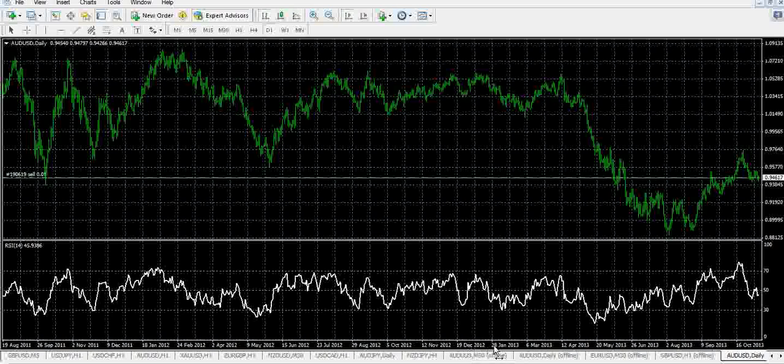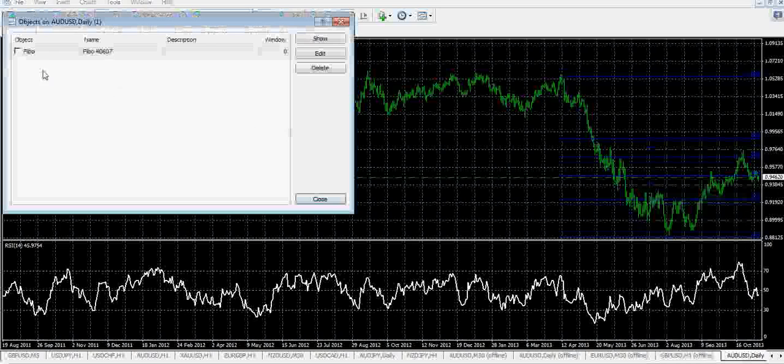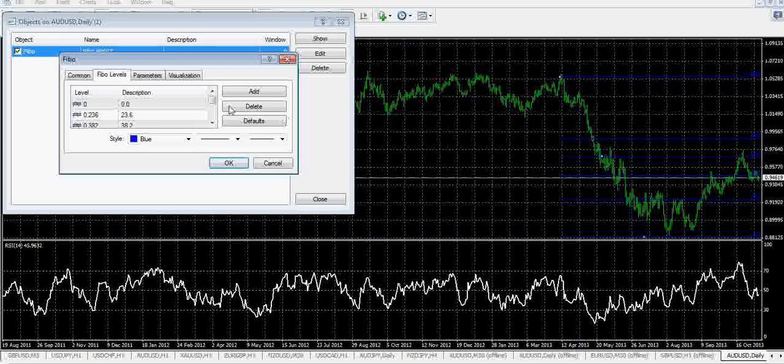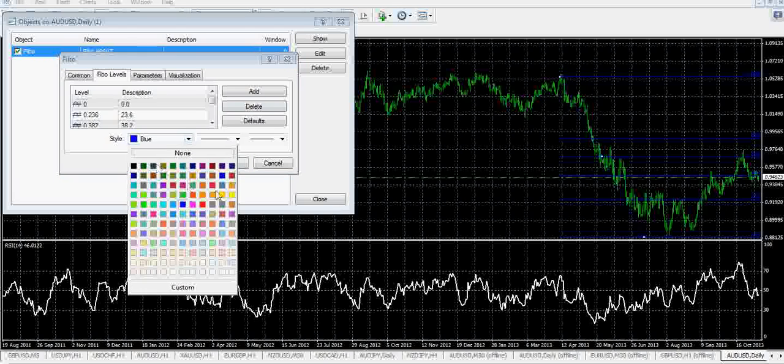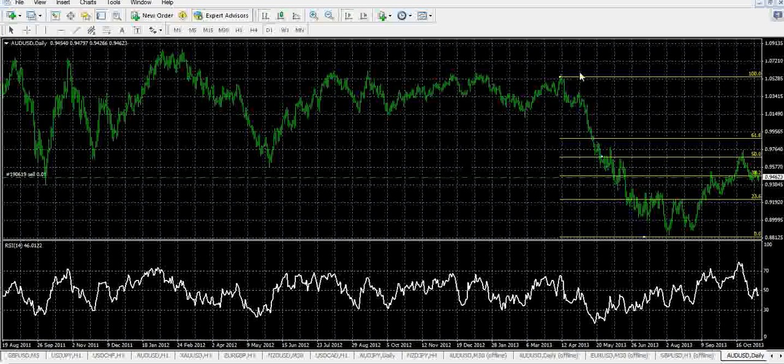So let me find. This is the highest high in the year. This is the lowest low. For example, let me put yellow color right now, of course. So these are the fib levels using the daily chart from the highest high and lowest low in this year.